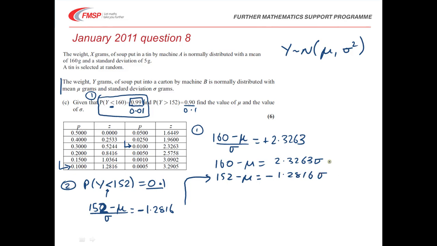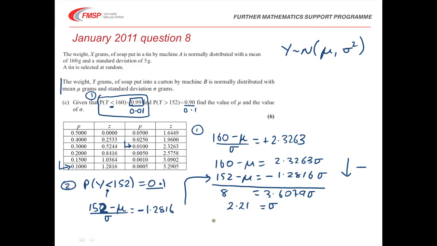Now the reason I've done this is, if I now subtract these equations, that will nicely eliminate mu straight away. So if I do that, I'm going to get 8 is equal to 3.6079 sigma, and I can now divide through to find sigma, and sigma turns out to be 2.21.